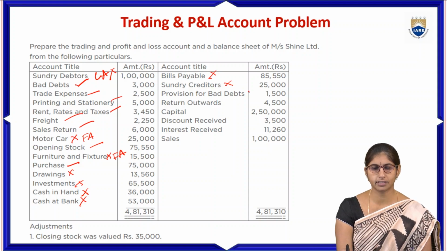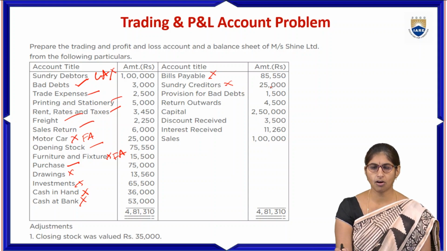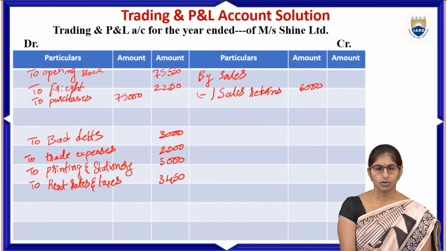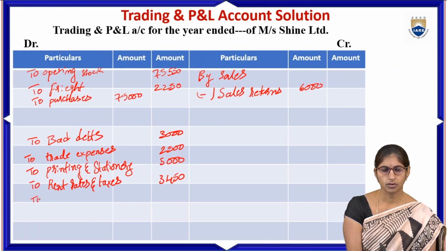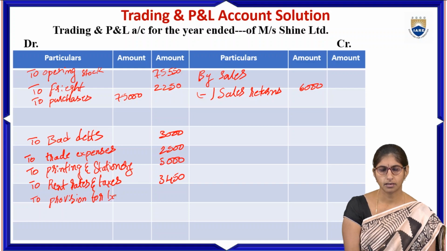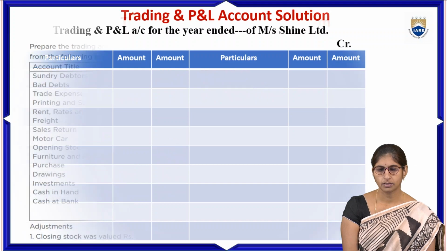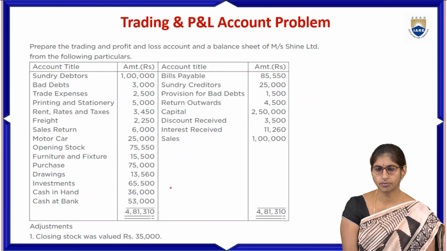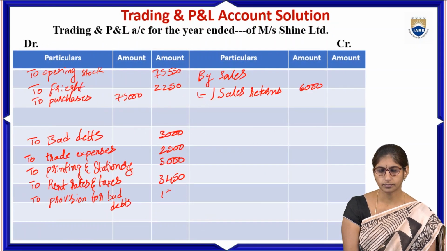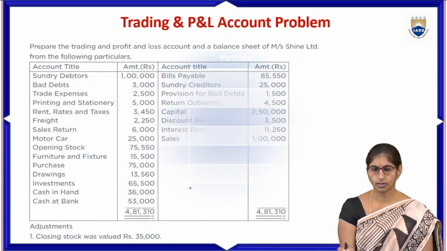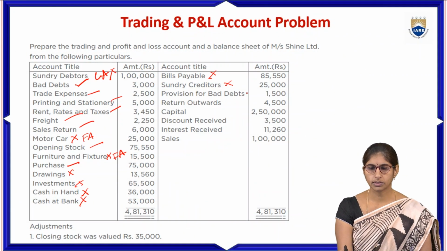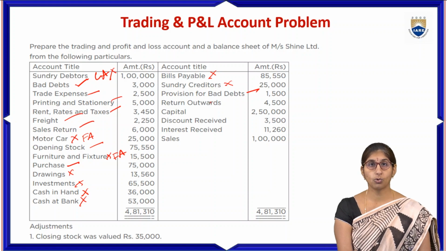Provision for bad debts. It is a loss for us, so we have to write in the debit side. Provision for bad debts, the amount is 1,500. And now this is done. Carriage outward.